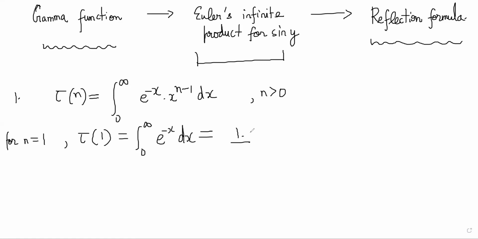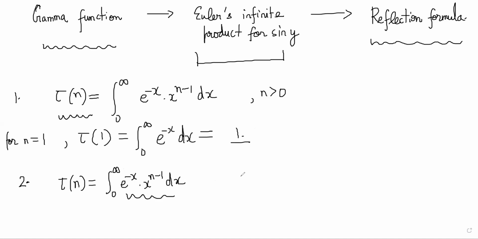Now, what we want to do is extend the idea of the factorial function from non-negative integers to all real numbers. But first of all, you need to understand why this integral is related to the factorial idea, right? We can show that by simple integration by parts. So if I have Γ(n), the integral from 0 to infinity of e to the power minus x, x to the power n minus 1 dx, then I can do integration by parts on this term.